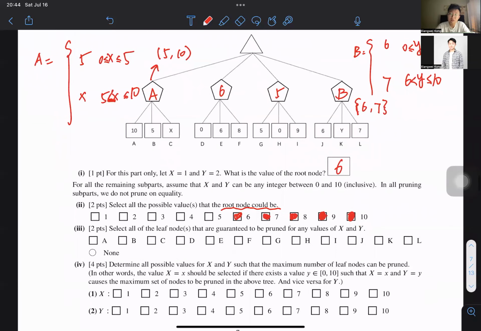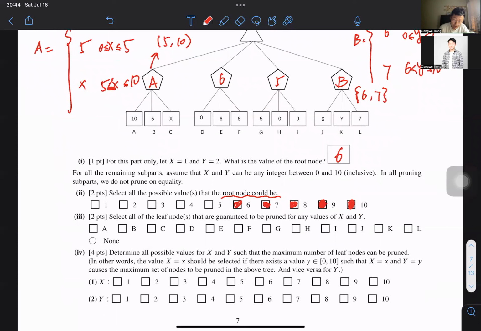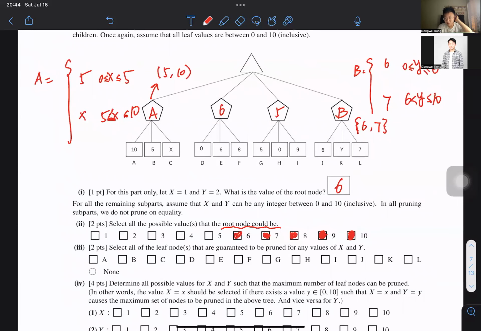Question 3: select all the leaf nodes that are guaranteed to be pruned for any value of X, Y. It's pruning again, so we clear all the previous results.